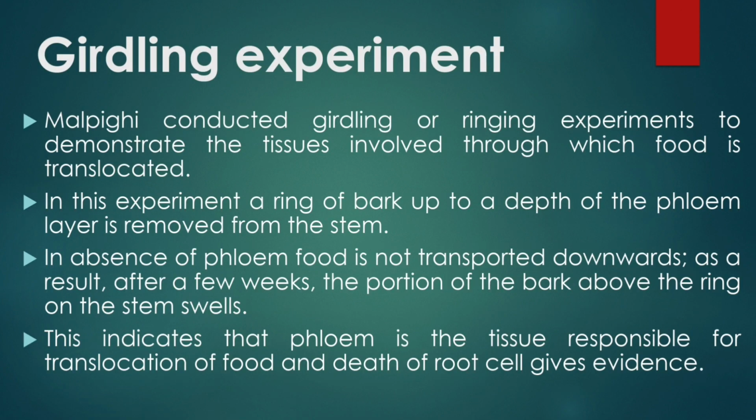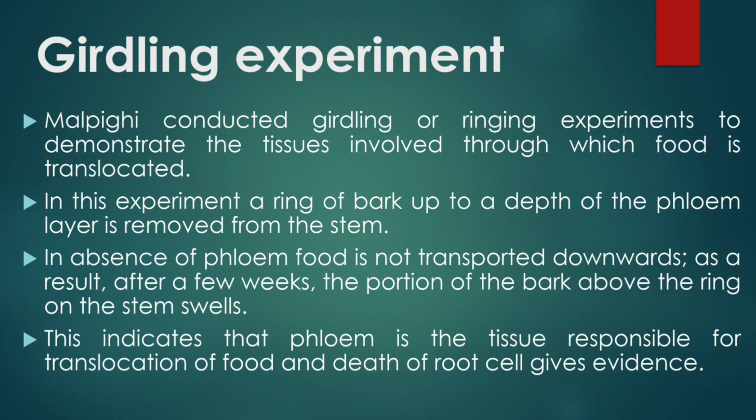Then the girdling experiment. The name of the scientist is Malpighi. He conducted an experiment to demonstrate which tissues are involved in the translocation of food. In his experiment, a ring of bark or outer dead layer of the plant up to the depth of the phloem layer is removed from the stem.